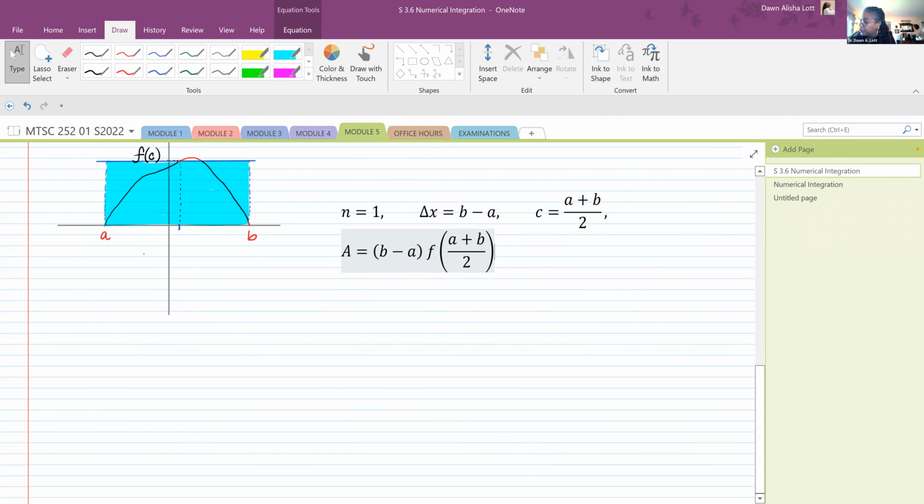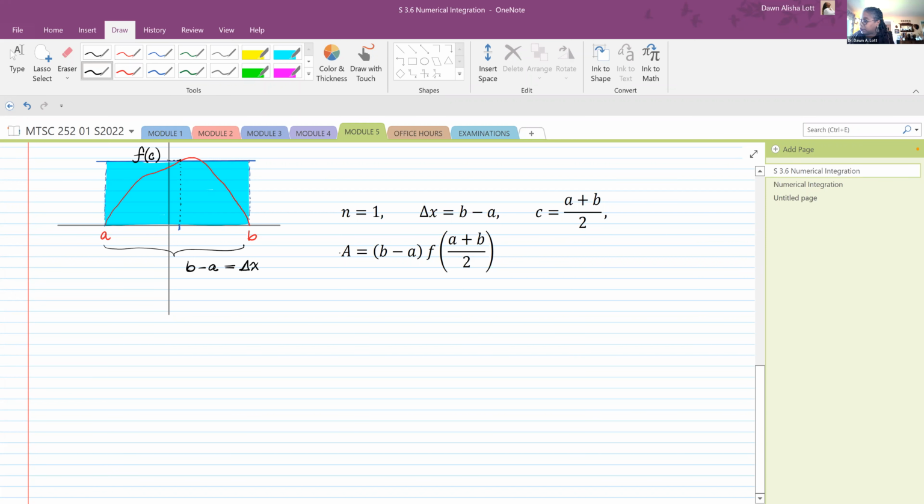Okay, so now if I take my area and I approximate it, this length is b minus a, which I'm calling delta x. And then the height of the function is f of c, which is f of a plus b over 2.